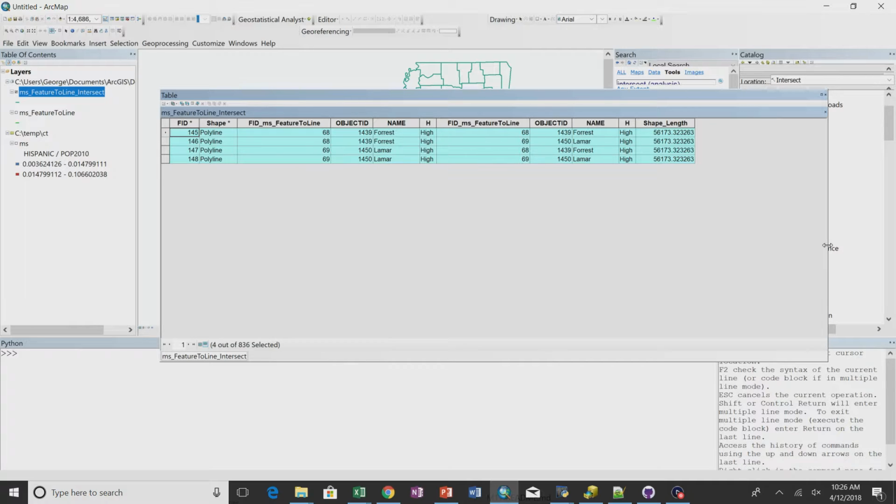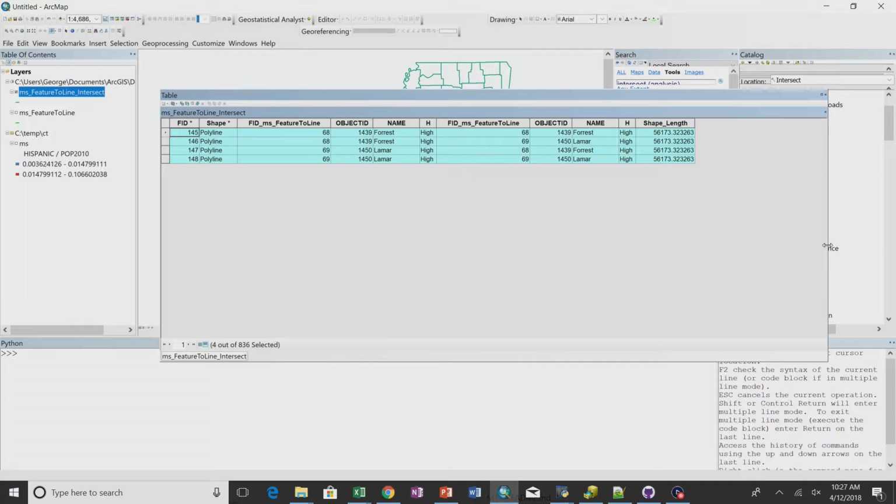This one's where Lamar hit Forest in the other. And this one's where Lamar hit Lamar County. Now, two of those we care about, and two of them we don't. We don't care about the common ones, Forest to Forest and Lamar to Lamar. Those are not necessary to calculate the join count analysis.